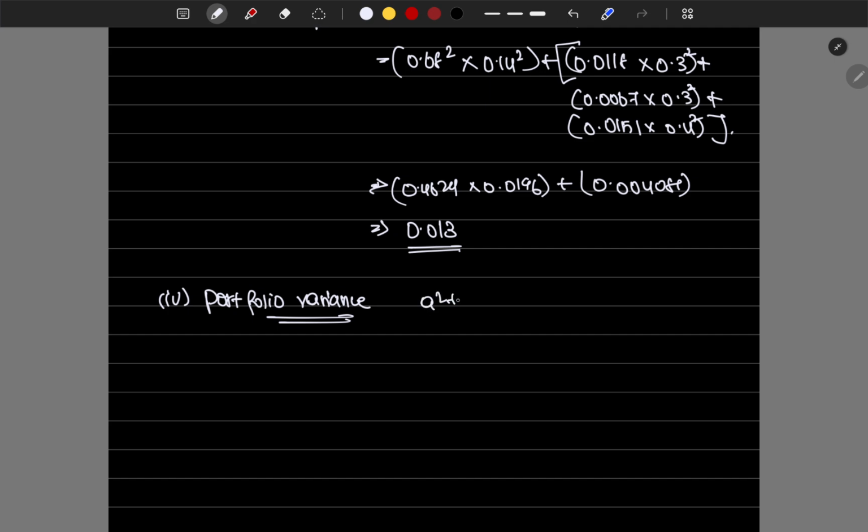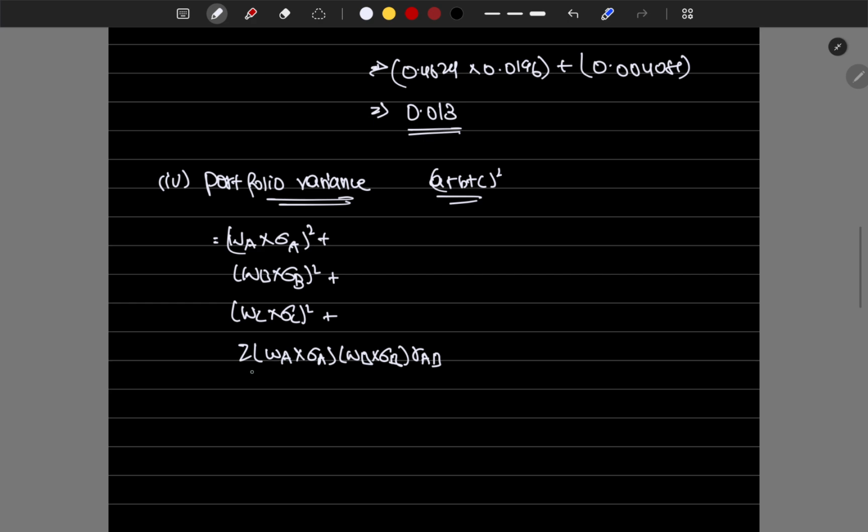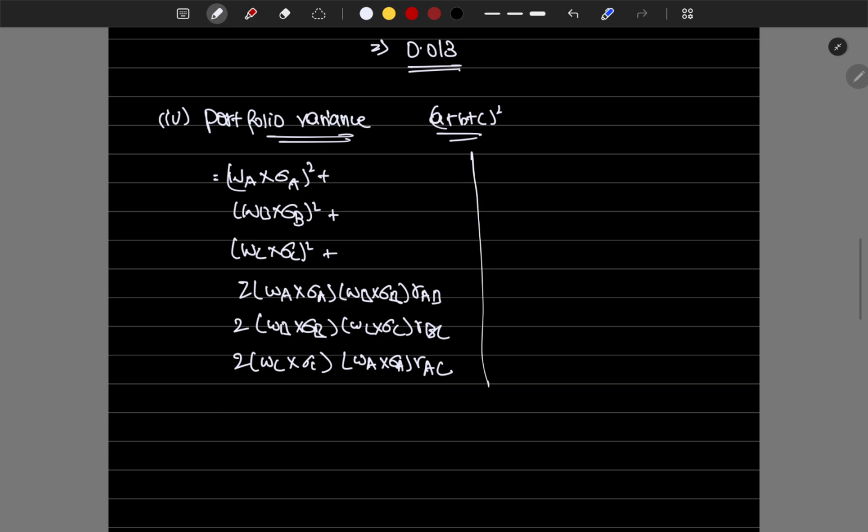We need to apply the formula for a plus b plus c the whole square: weight of a into sigma a the whole square, plus weight of b into sigma b the whole square, plus weight of c into sigma c the whole square, plus 2 into weight of a into sigma a, weight of b into sigma b into r ab, plus 2 into weight of b into sigma b into weight of c into sigma c into rbc, plus 2 into weight of c into sigma c into weight of a into sigma a into rac. We'll just apply the values here.